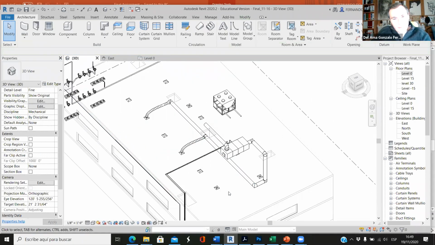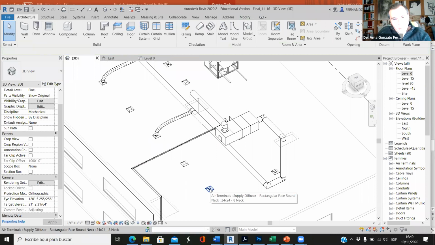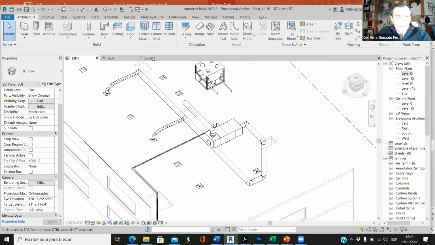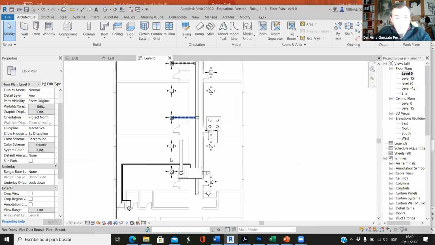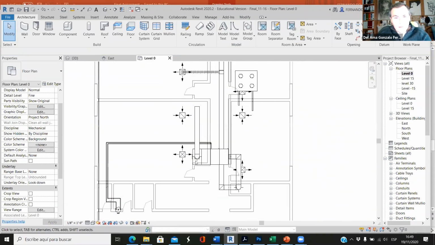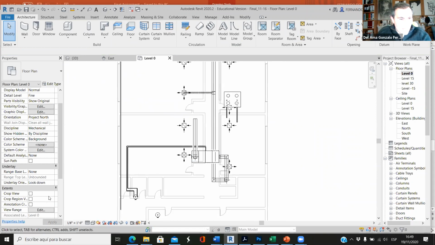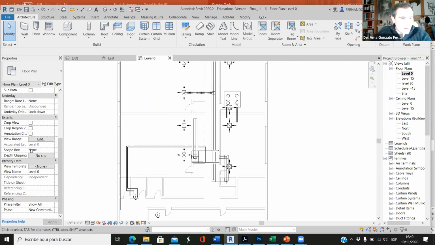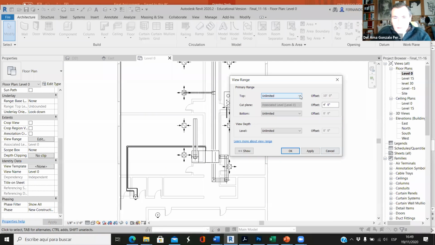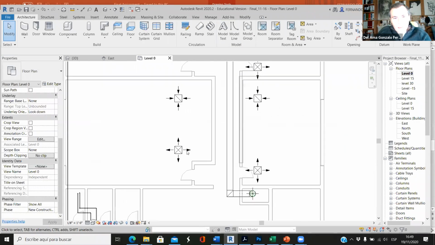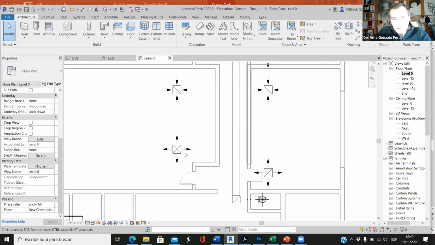Okay. And finally, we have this supply diffuser that has to be connected here. I don't know, in other versions of Revit, I think the view range is not working well. View range, top unlimited, no, double clicking. So if this is the supply, we have to connect this.